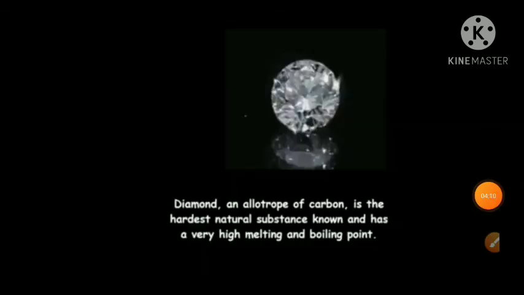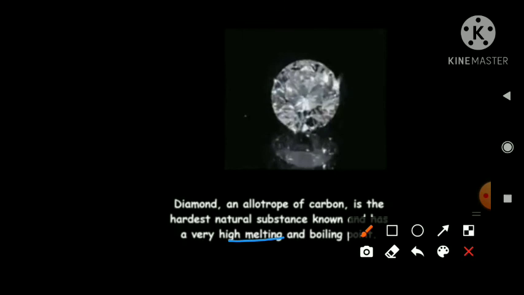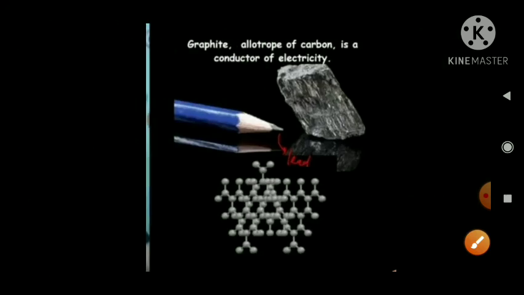Let's start with diamond. Diamond is an allotrope of carbon and is the hardest natural substance known, with very high melting and boiling points. Now the other allotrope of carbon is graphite.